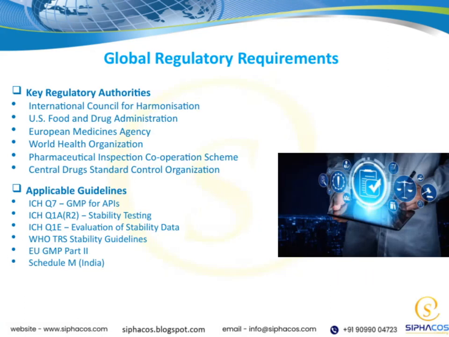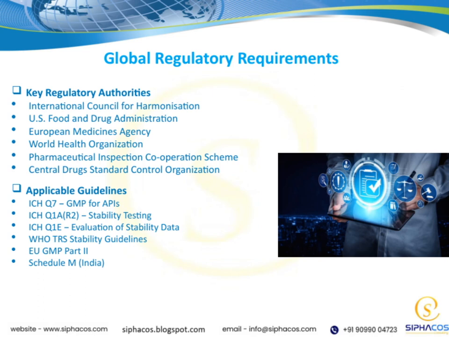When we talk about global regulatory requirements, we're looking at a complex landscape shaped by key authorities around the world. These include the International Council for Harmonization, the US FDA, the European Medicines Agency, the World Health Organization, and others like the Pharmaceutical Inspection Cooperation Scheme and India's Central Drugs Standard Control Organization.